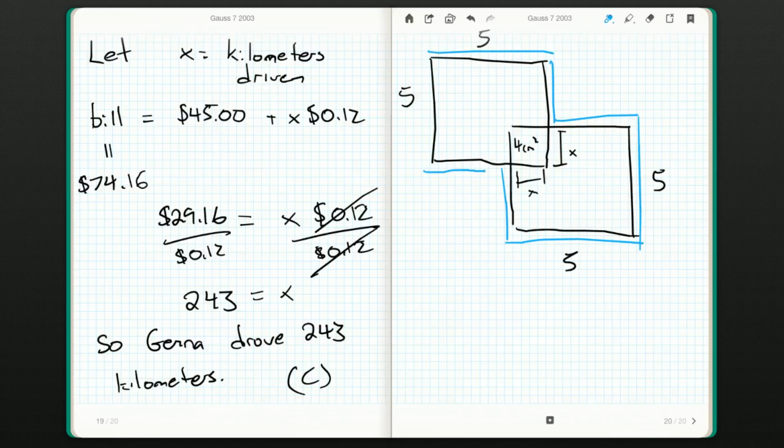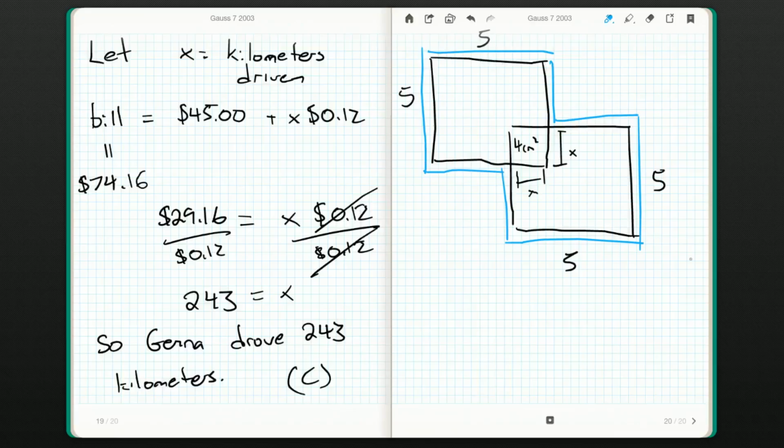Oftentimes to figure out a perimeter, there are a couple formulas for perimeters of basic shapes like a triangle, you add up all the side lengths, or a square, you multiply by 4 by the side length, or there's one for a rectangle, and on a circle, perimeter is called circumference. But at its most basic level, perimeter is just adding up all the sides that are exposed to the outside. Some of these lengths we already know.